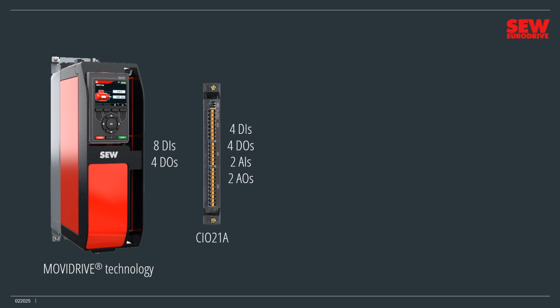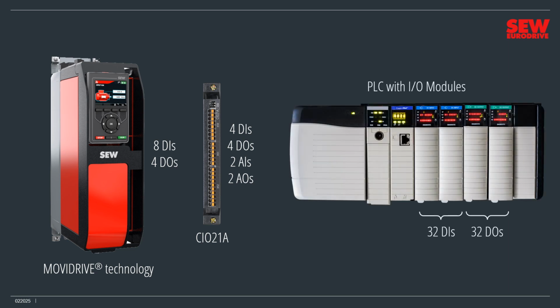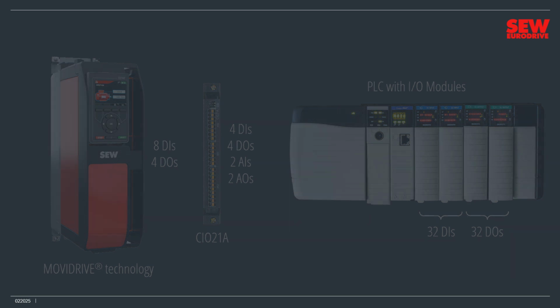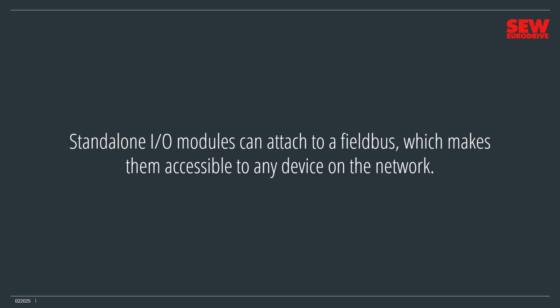PLCs can control a variety of I/O devices depending on the I/O modules installed. This PLC has 4 I/O modules, which give it 32 DIs and 32 DOs. Standalone I/O modules can attach to a field bus, an industrial network, which makes them accessible to any device on the network.